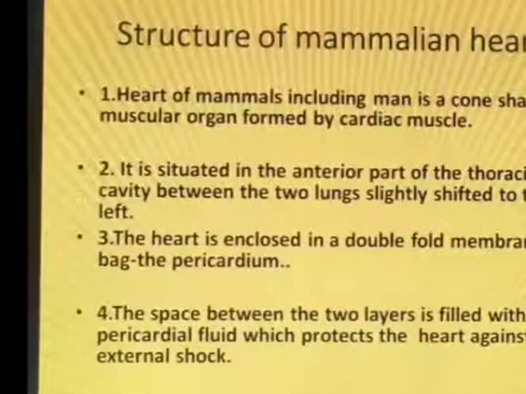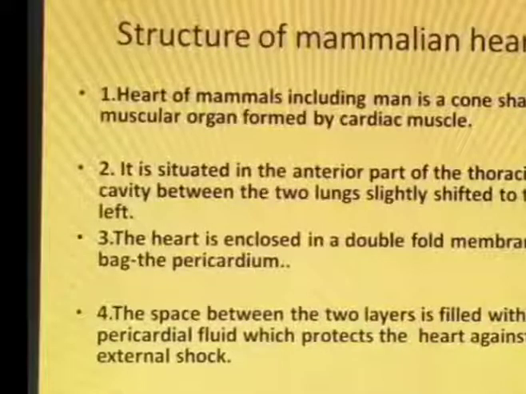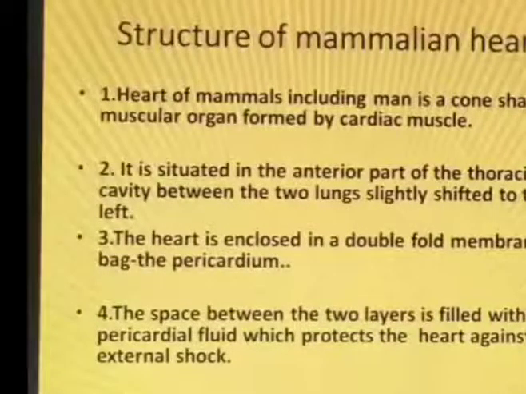Now, at first we must know what the heart is. Heart is the modified blood vessel which regulates the circulation of blood throughout the body. The heart of mammals, including man, is a cone-shaped muscular organ formed by cardiac muscle.